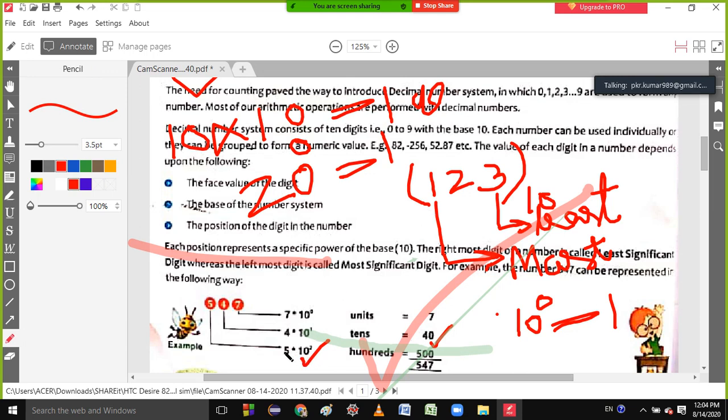So 10 multiply 10 becomes 100. You should know 10 power 2 becomes 100. So 10 power 2 means 10 multiply 10.